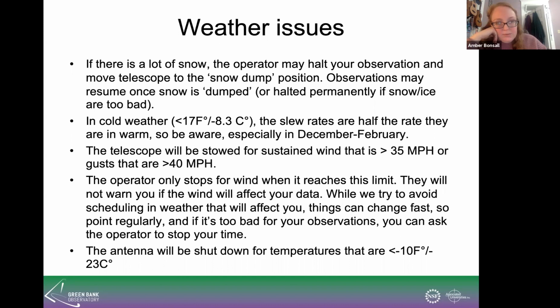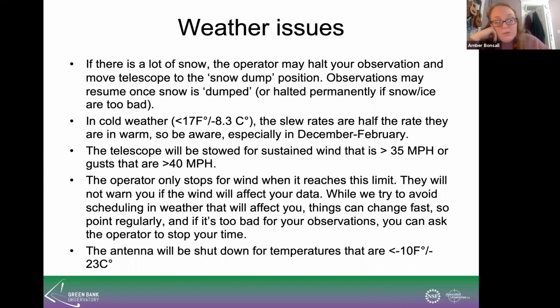The operator only stops for winds when it reaches this limit. They will not warn you if you're higher frequency and you're doing W band and it's like 20 mile an hour winds. It's a good bet that your observations are not going to be super great, but the operator doesn't know, and it's not their job to know that. It's not their job to determine for you whether or not weather is affecting your observations.